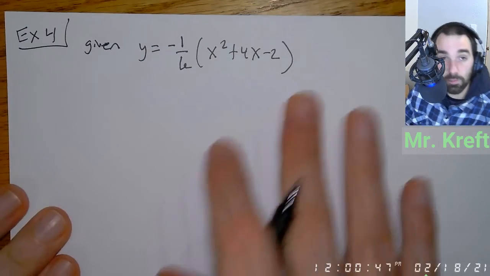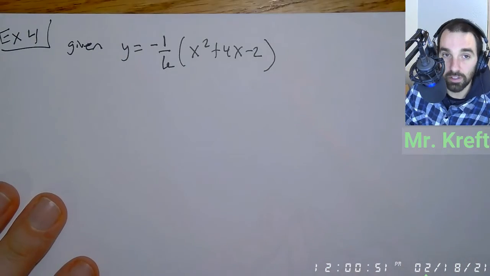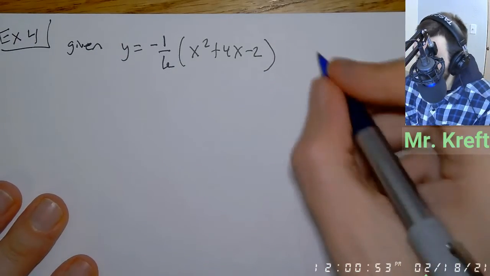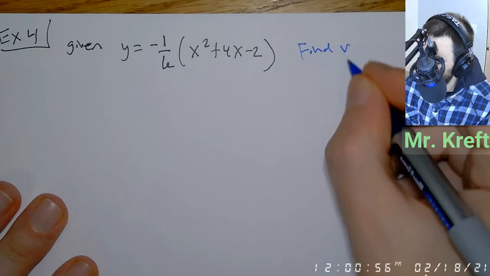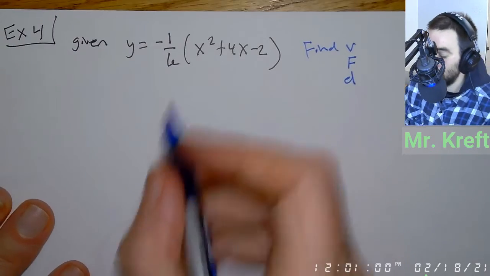Okay, now we're going to find all the same things again. So I just don't have time to write that down. So we're finding all the same things. We're going to find the vertex, the focus, the directrix. Sorry, I'm just abbreviating because we don't have time.